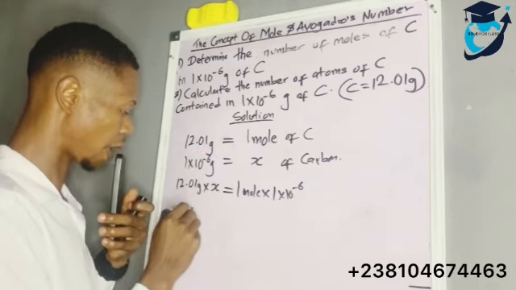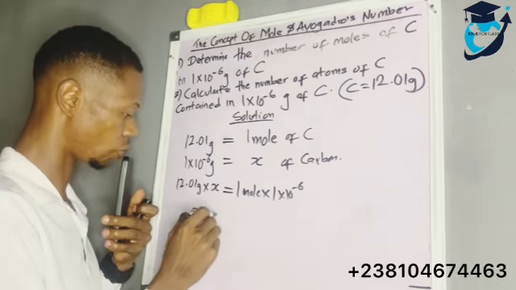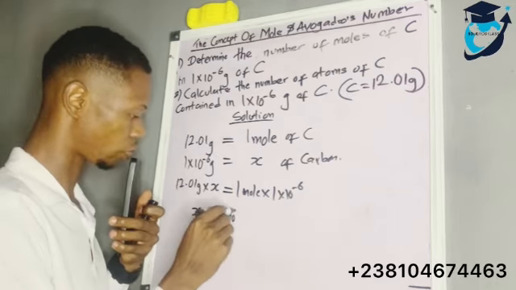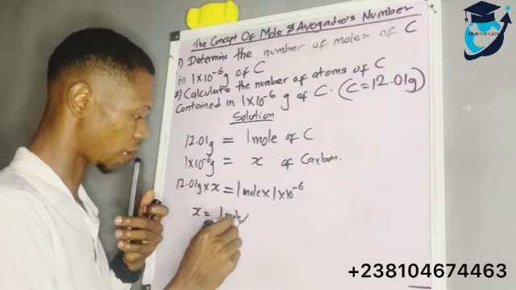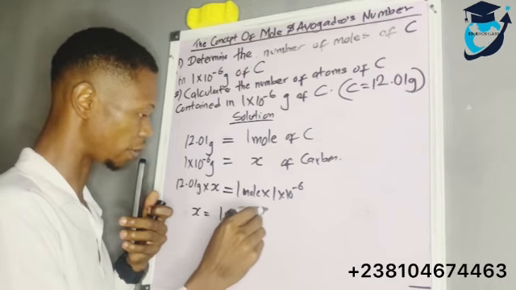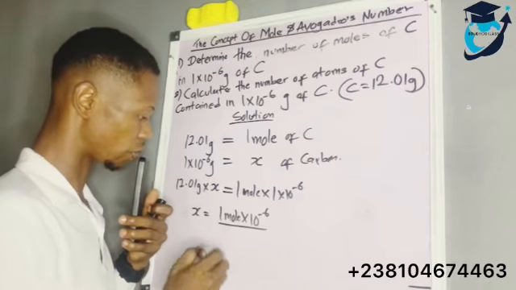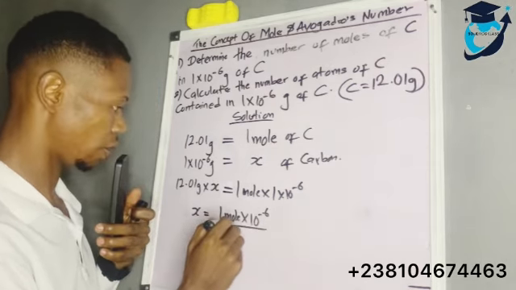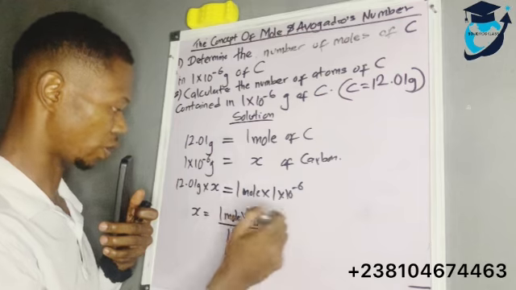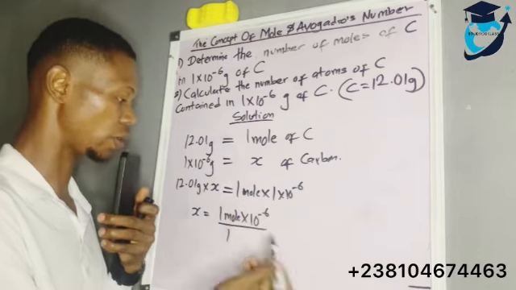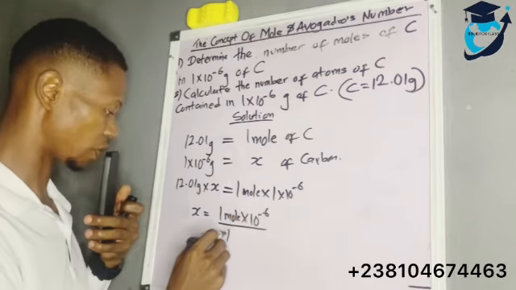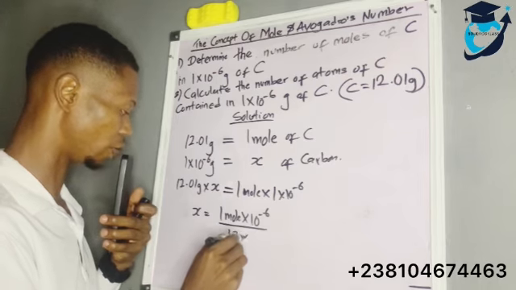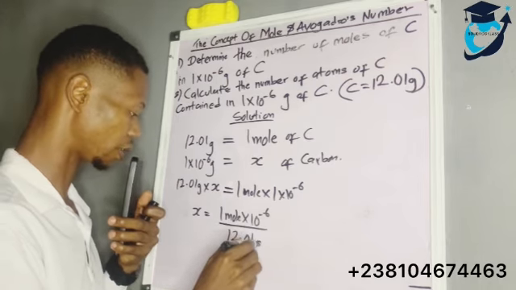So we say X is equal to 1 mole times 10 raised to minus 6, all over 12.01 gram. So 1 times 1 is still 1, so no problem.